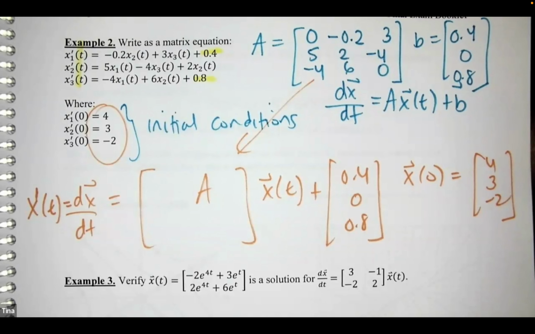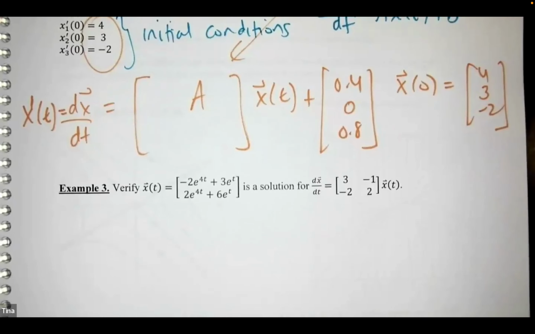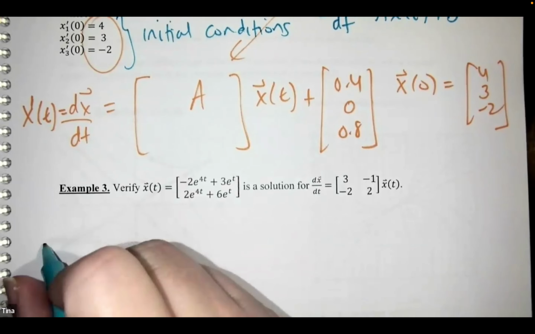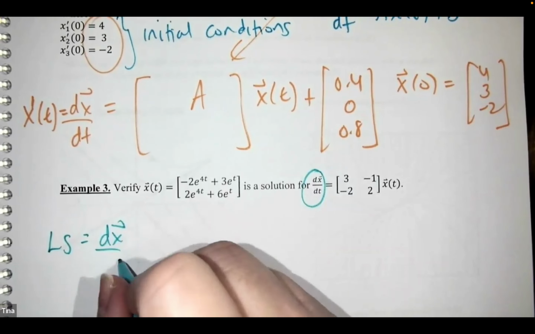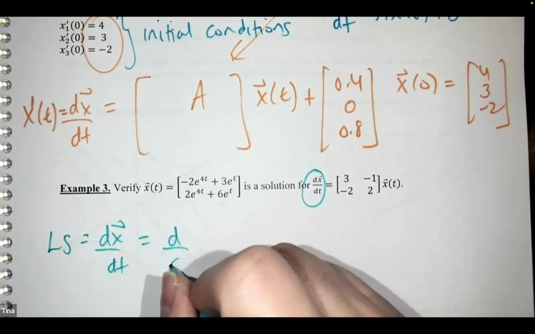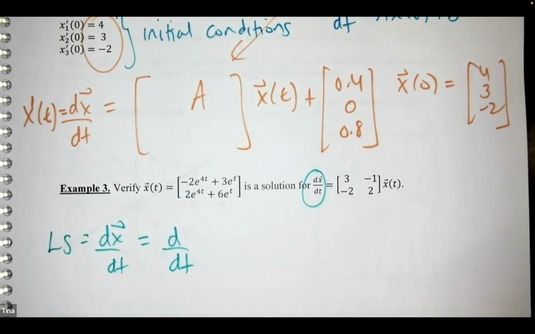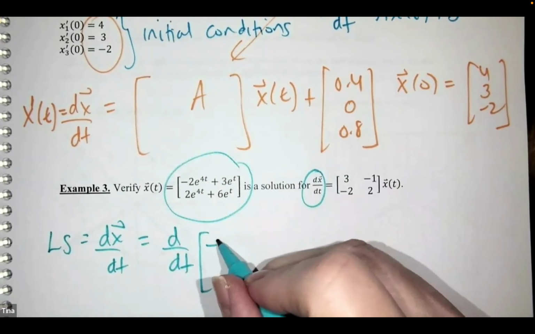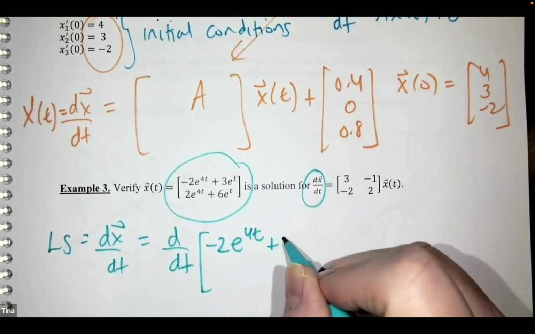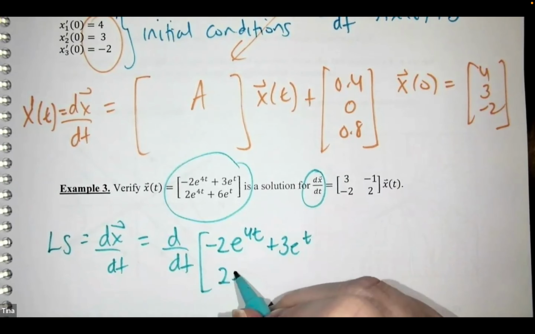And then for number 3 here, verify that this x is a solution to this. What I would do is just a left side, right side. The left side is dx by dt, the derivative with respect to time of this matrix here.